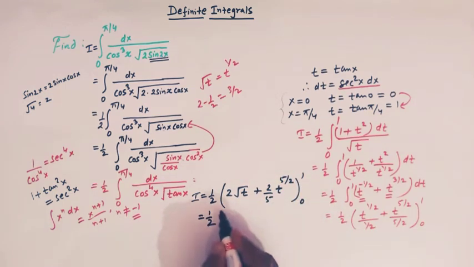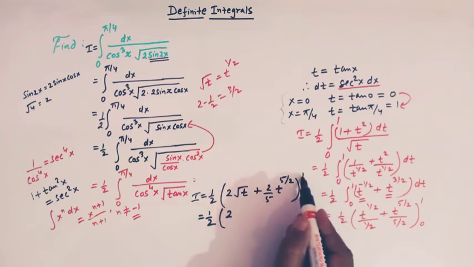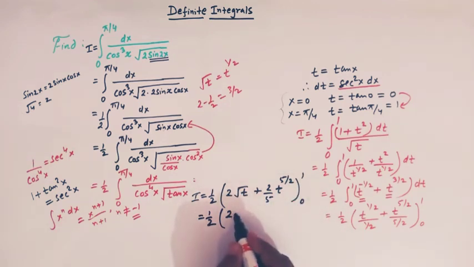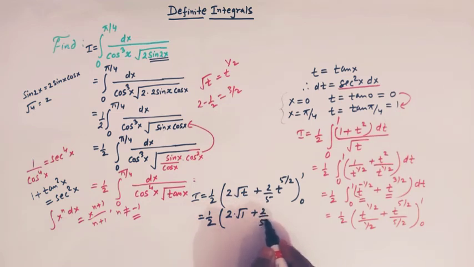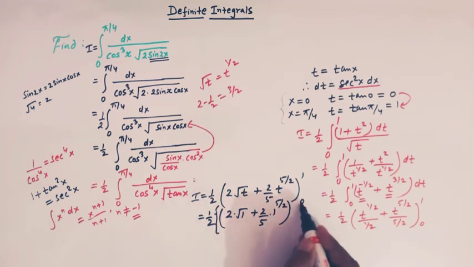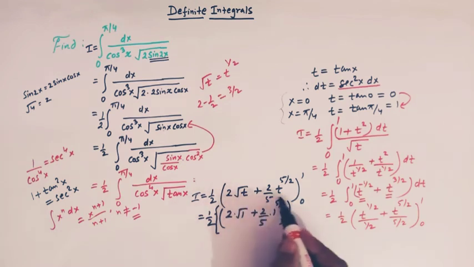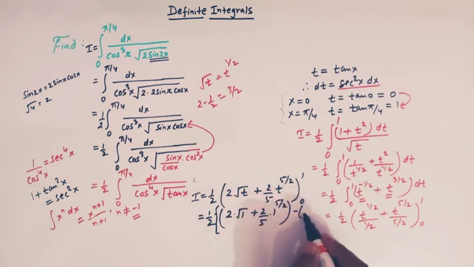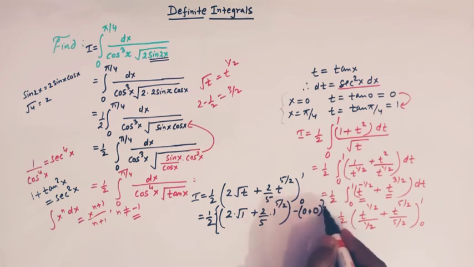If we take t equal to 1, we have 2 times square root of 1, and 2 by 5 times 1 raised to 5 over 2, and when we take t equal to 0, these terms become 0.